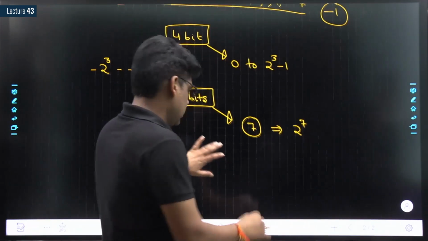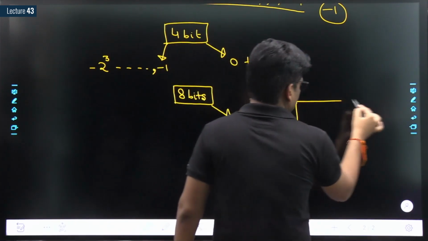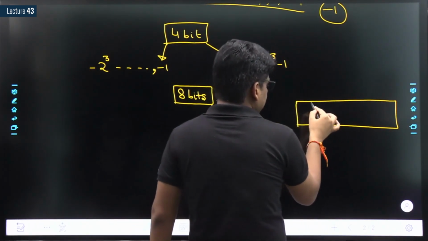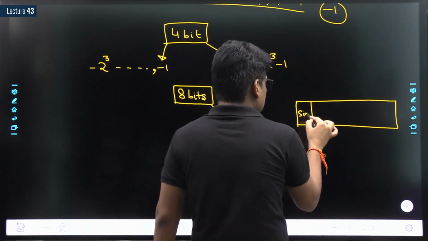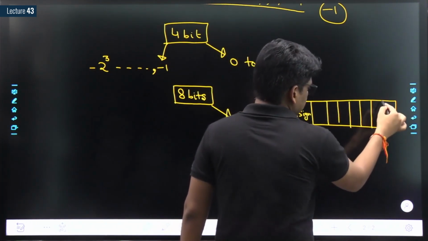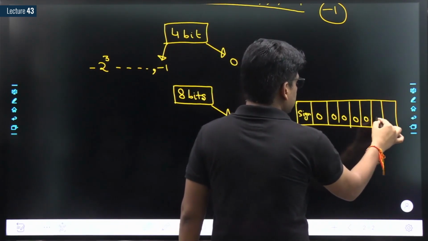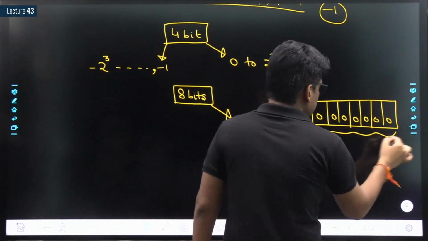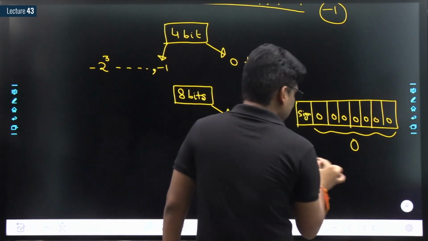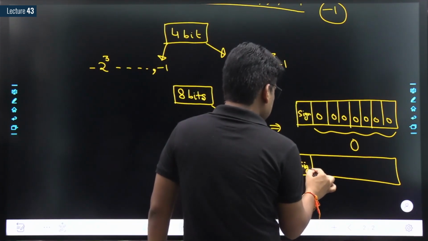Okay, let me compute it again. Don't worry, everything is okay. If we have 8 bits, 1 bit is reserved for sign, and the remaining are 7 bits. What is the minimum value? When all of them are 0, the minimum value is 0. What is the maximum value? The first bit is again reserved for sign.